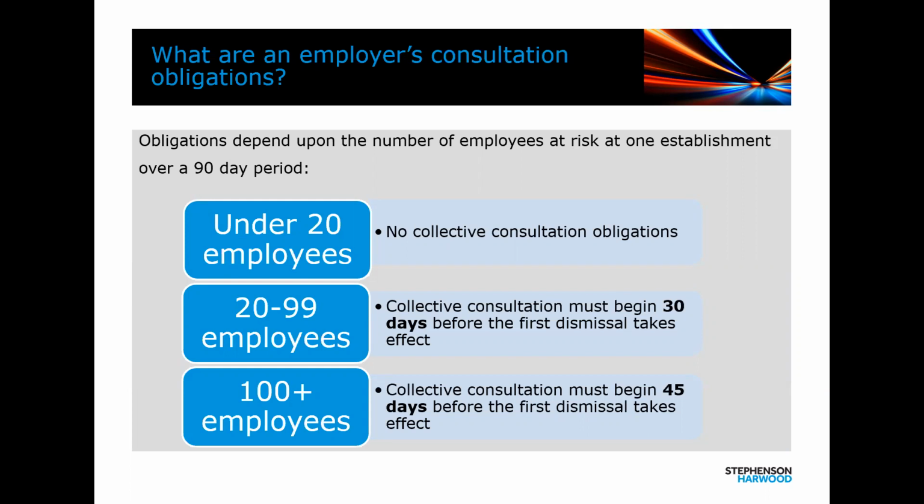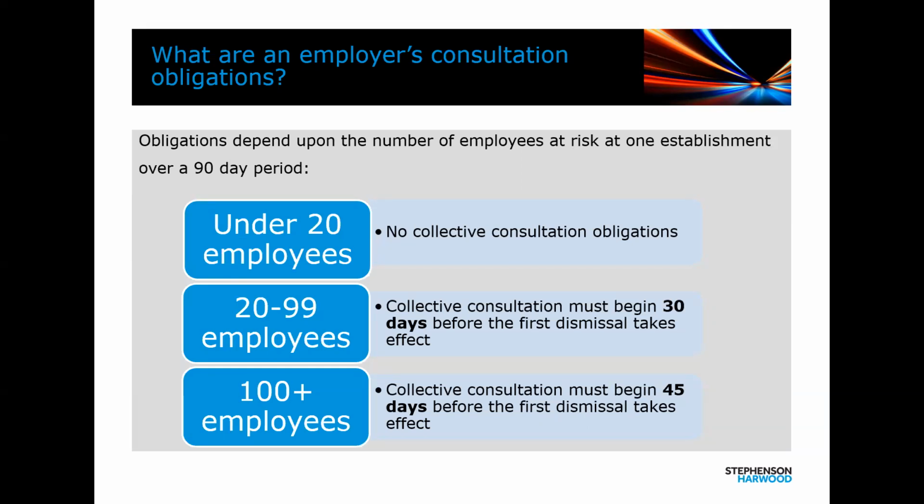If, however, you've got between 20 and 99 employees at one establishment, and an establishment is defined, and Natalie's going to cover that shortly, who are at risk of redundancy in a 90-day period, then you do have a collective consultation obligation. And this means that the consultation must begin at least 30 days before the first dismissal takes effect.